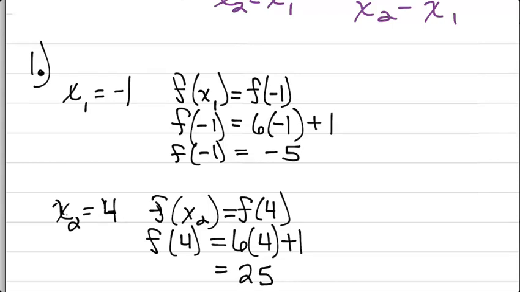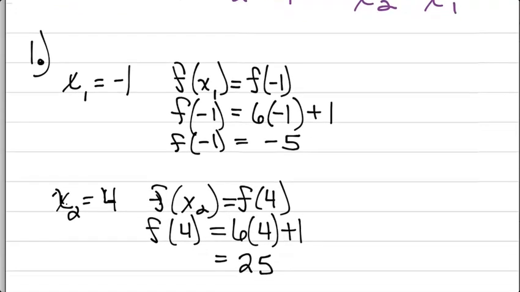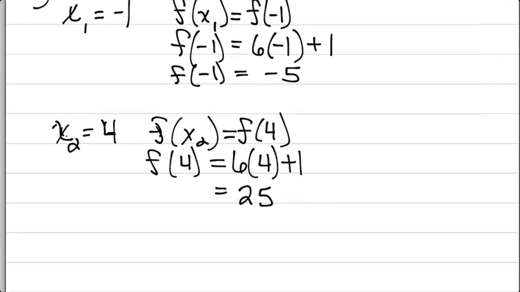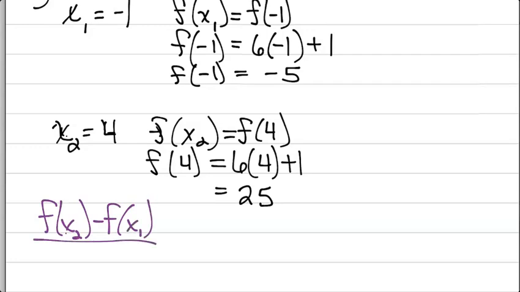Now I'm ready to use that formula, if you want to call it a formula, because we already know our slope, so we don't have to think about it as a new formula. So our f of x2 is our 25.